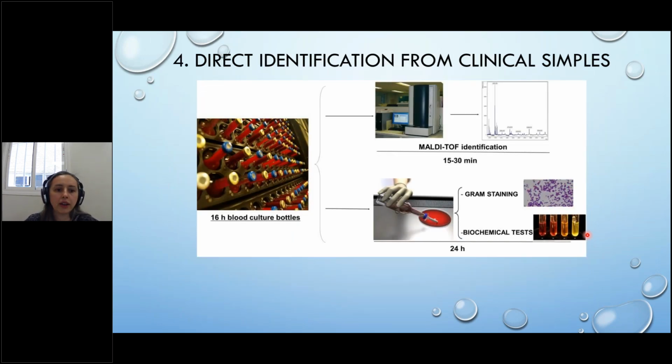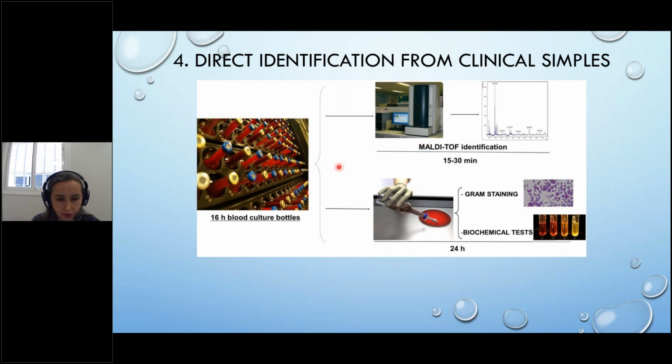Regarding direct identification from clinical samples, for me, this is one of the most impactful applications of MALDI-TOF. Instead of culturing the broth from positive blood cultures and waiting 18 or 24 hours until the next day for different identification techniques to be performed, we can apply different methods directly from the broth, such as ammonium chloride.